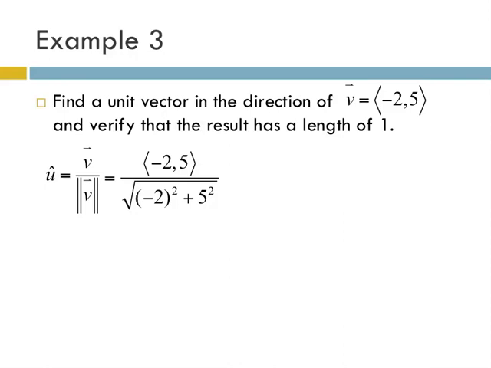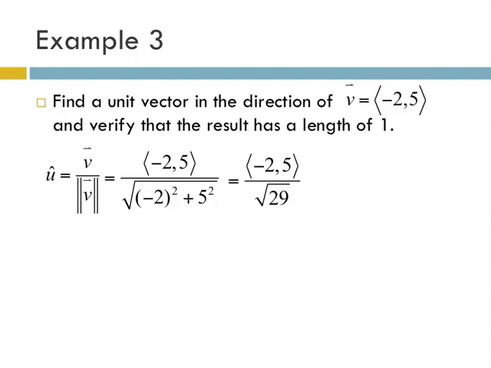So we have 4 plus 25, that's 29, so square root of 29. Okay, let's keep it as a square root of 29 because if we do mess with it a little bit, like try to find an approximation, then when we try to verify the result, it's not going to come out as exactly 1. So let's keep it as the square root of 29.